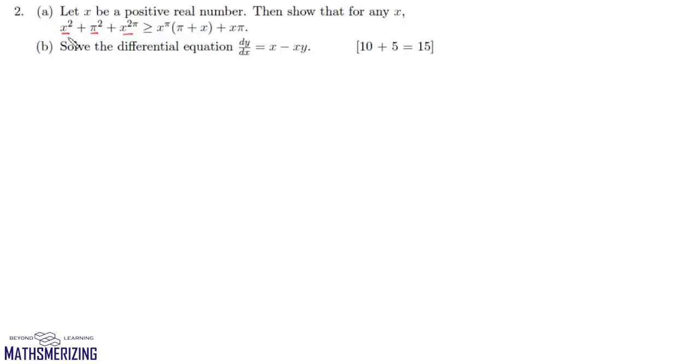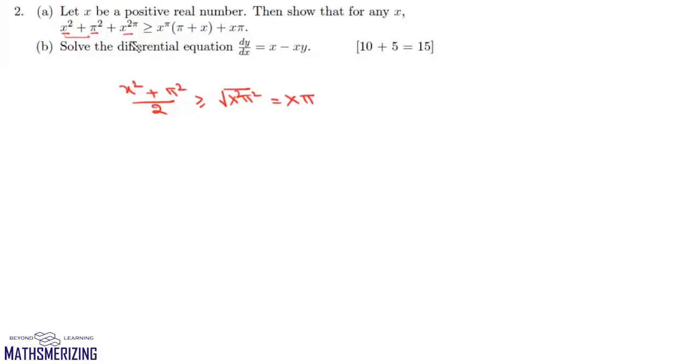Now what we'll do is, from the left hand side, we'll use AM and GM, taking 2 at a time. So if we take first 2, we can write x square plus pi square by 2 will be greater than or equal to under root of x square pi square, which is x pi.